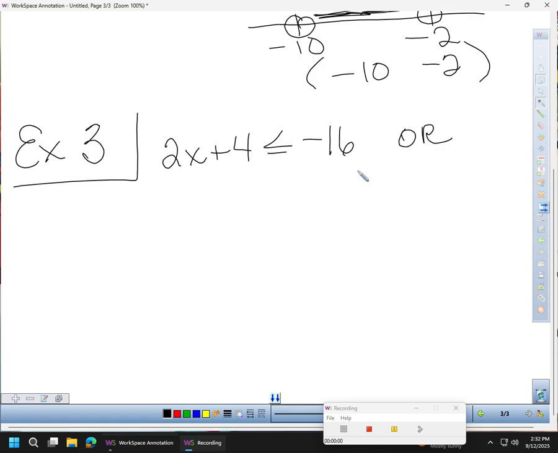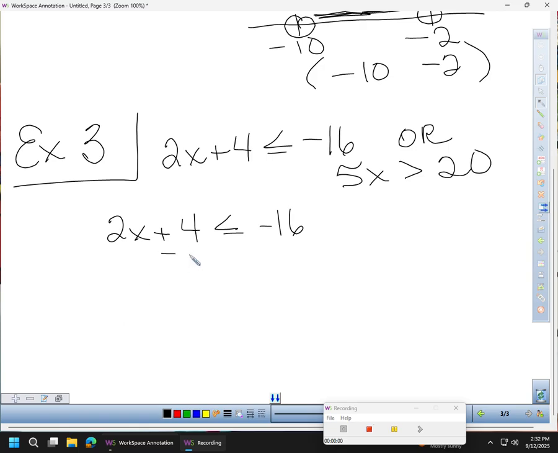Let's say 5x is greater than 20. All right, so on an or problem, we have to solve 2 separate pieces. Everything in an or problem is 2 pieces. Everything. So we have this one first. 2x plus 4 less than or equal to -16.